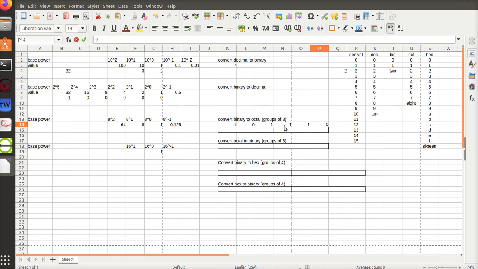So any combination of 1s and 0s here would come out to be between 0 and 7, which is a valid octal number. In this case, I've got a 6, and over here, that works out to be a 5. So binary 101-110 converts to 56 octal.